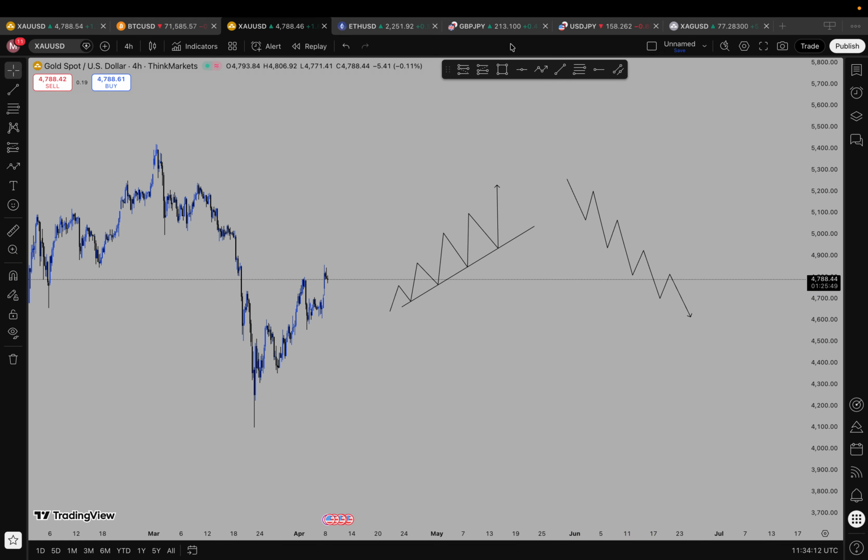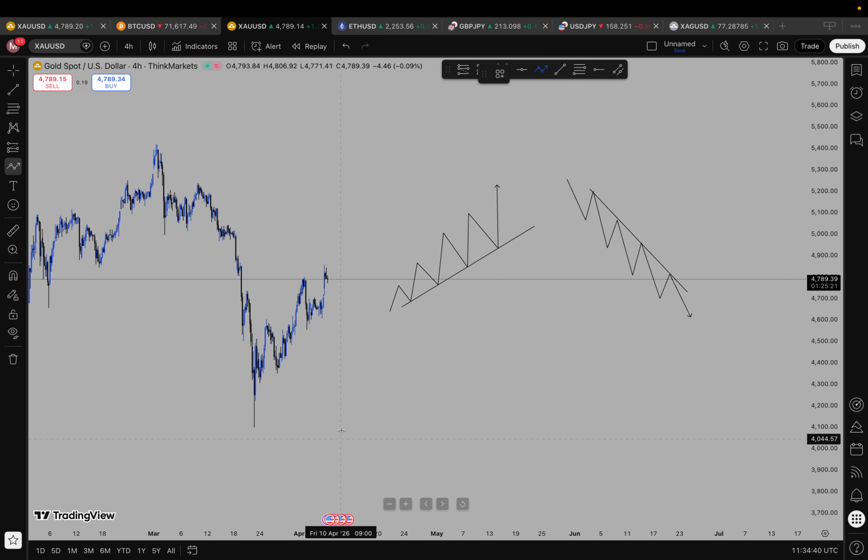This is a bearish market because the market is breaking structure to the downside. You don't have to complicate things for yourself. Basically, just take it very, very simple. Bullish market is when the market is breaking structure to the upside, making higher highs, higher lows. Then bearish trend is when the market is breaking structure to the downside, making lower highs, lower lows.